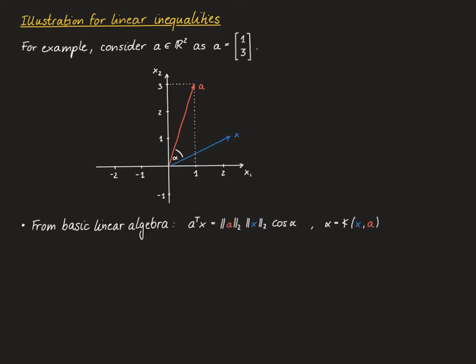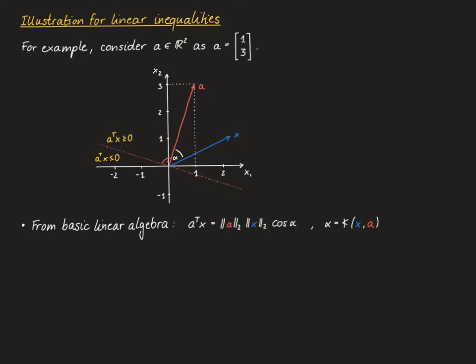From basic linear algebra, we know that the inner product of the vector a with the vector x, so a transpose x, is given by the following formula. It's equal to the length of the vector a, so the 2-norm of the vector a, times the length of the vector x, times the cosine of the angle between the vectors x and a.